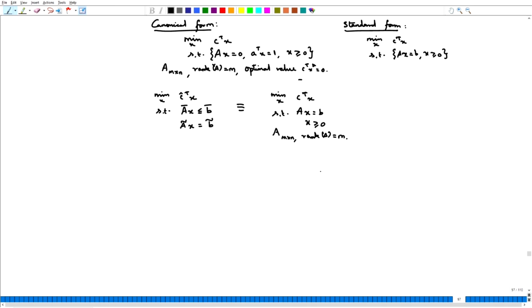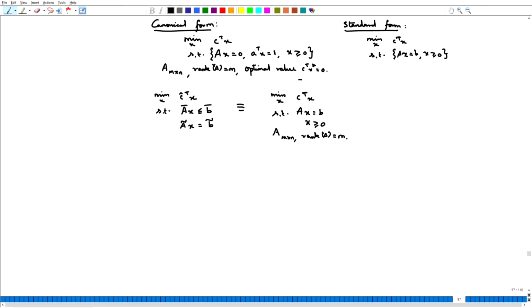Now, how do I convert this into what is called the canonical form? Assume that it is now in standard form. I am just going to discuss converting a problem in standard form to a problem in canonical form.